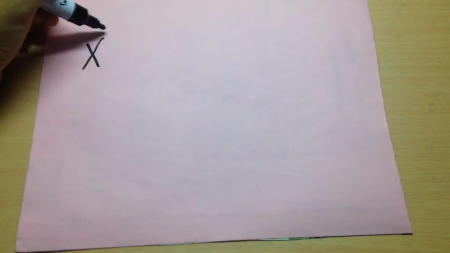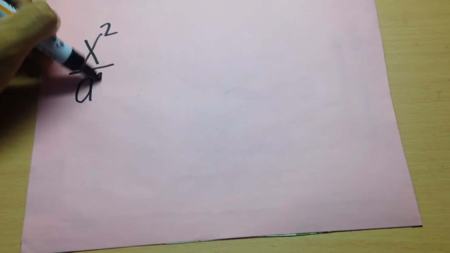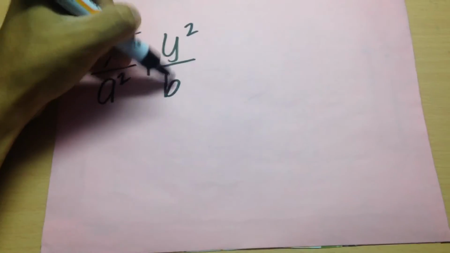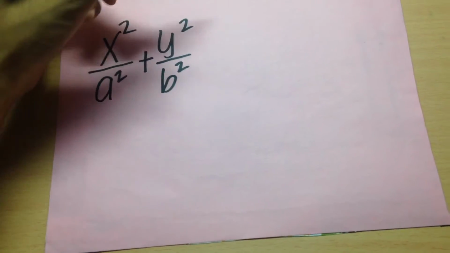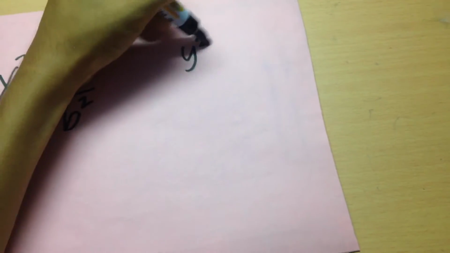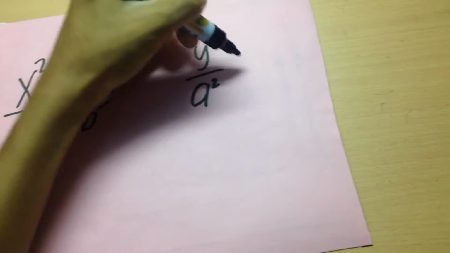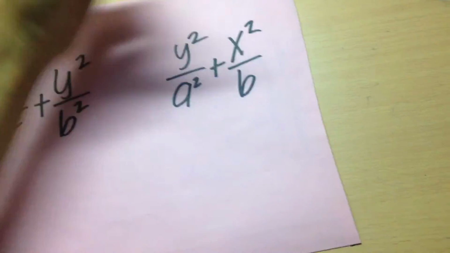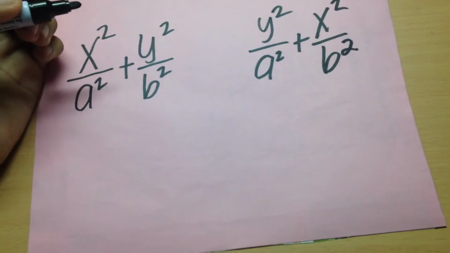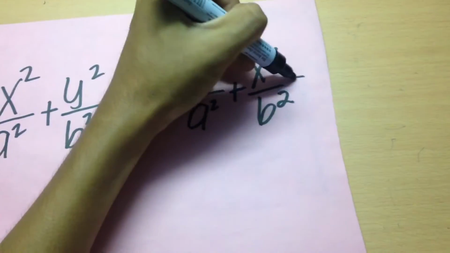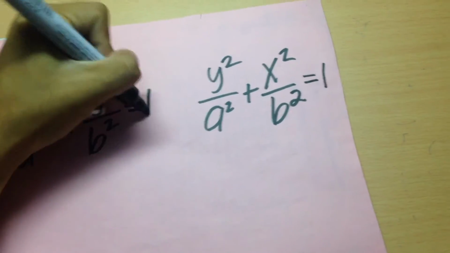So the standard equation of hyperbola is x squared over a squared minus y squared over b squared equals 1 if it is a horizontal hyperbola, and y squared over a squared minus x squared over b squared equals 1 if it is a vertical hyperbola. I'm so sorry.